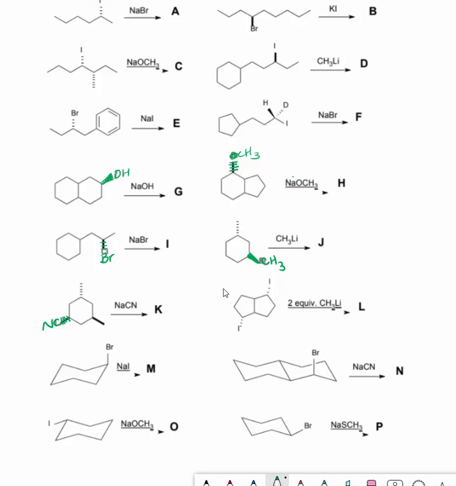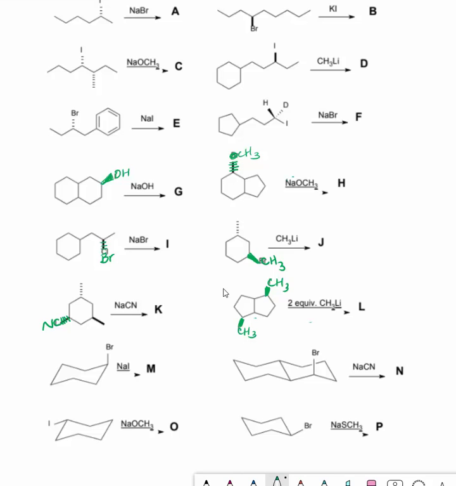Now for L, we have two equivalents shown, and the reason we have two equivalents shown is we have two electrophiles. So one will go here, one will go here. We will push these heteroatoms off, and when we do that, the product we will form, because our nucleophile is a methyl anion, we will put methyl groups on wedges where we had iodines.